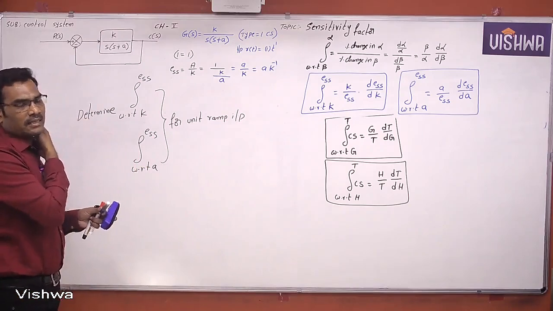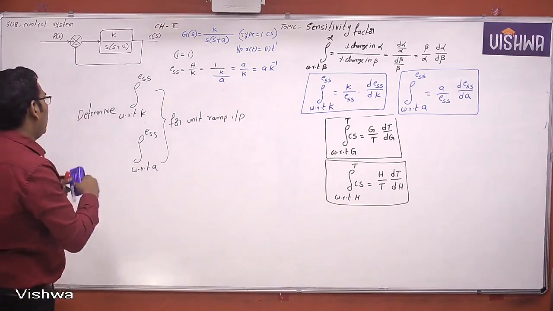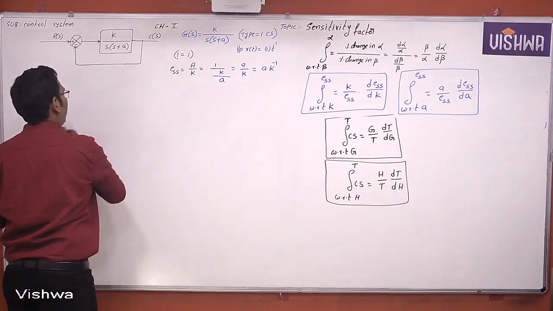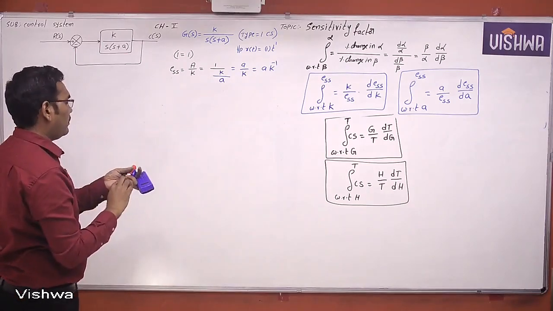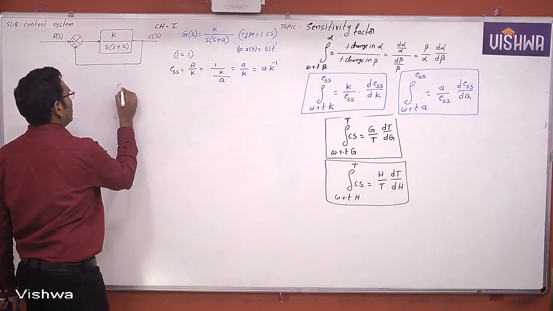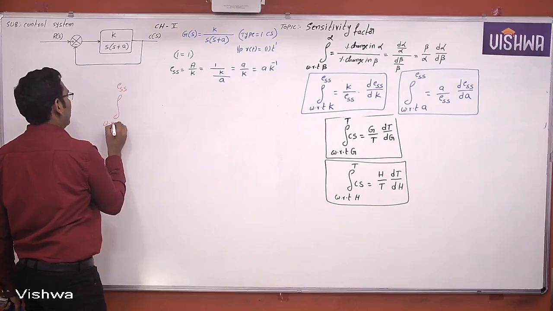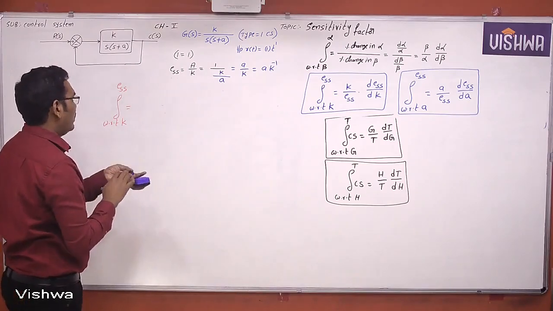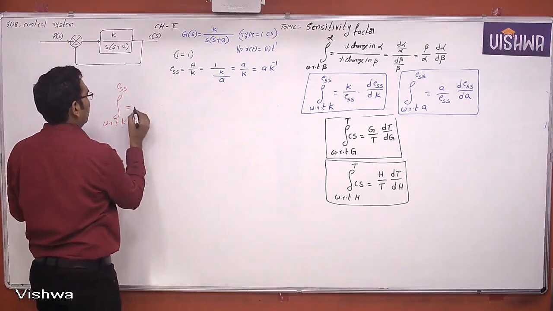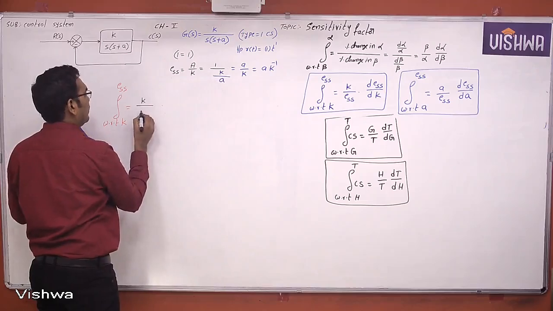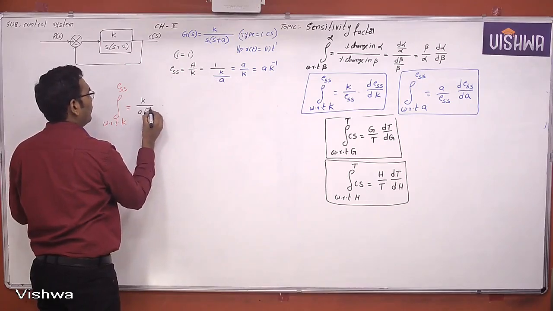Then what is he asking now? This is the steady state error. Now he is asking to find the sensitivity of the steady state error, first with respect to K. See the formula and apply. K by the steady state error, which is already calculated: a into K power minus 1.